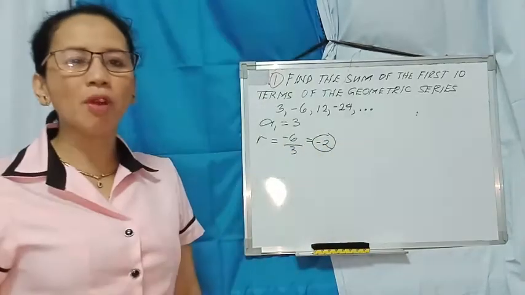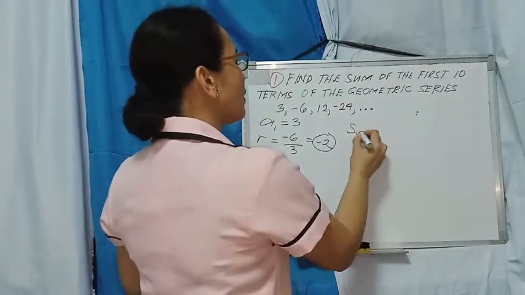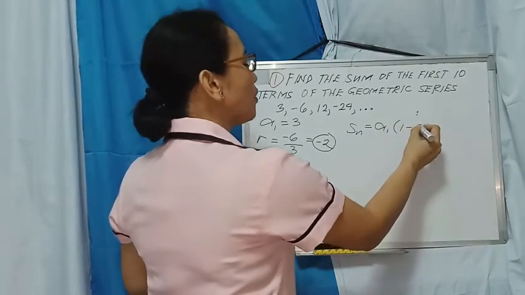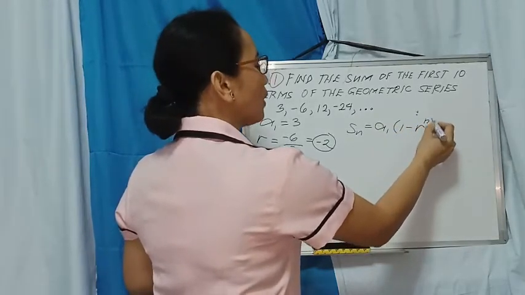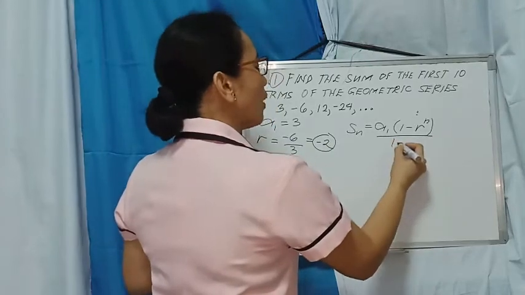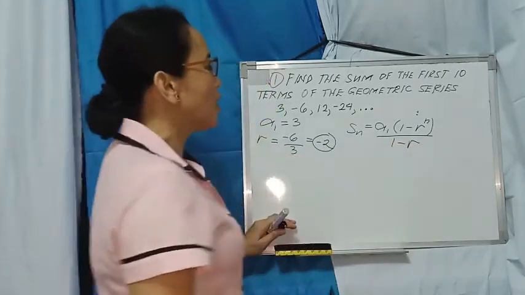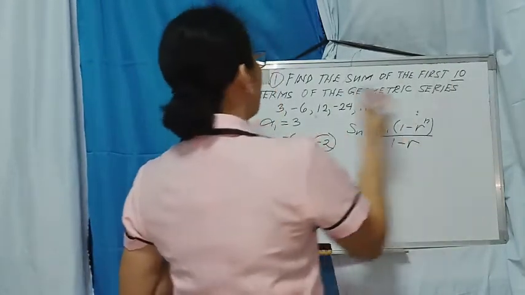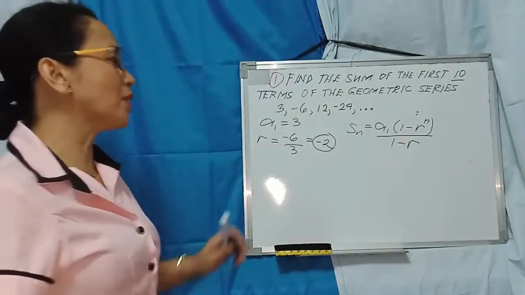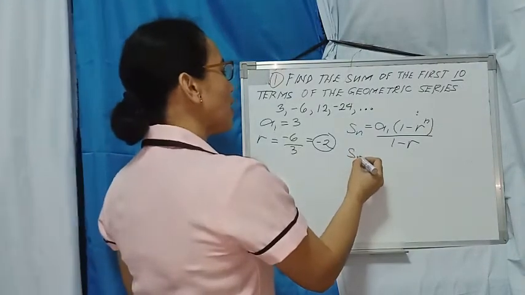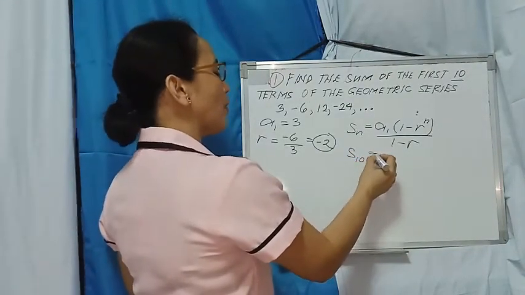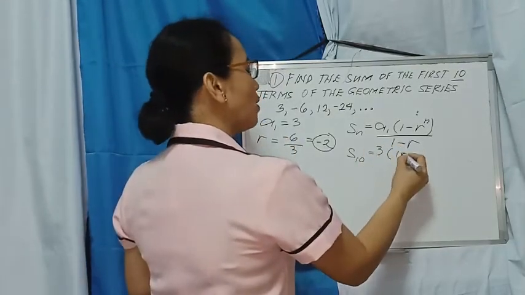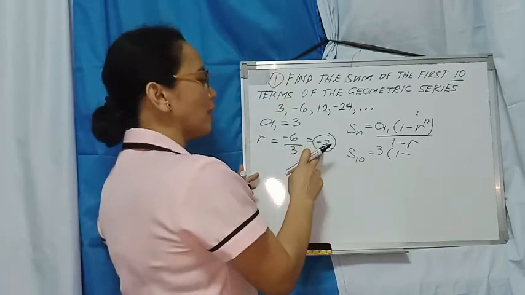So by using the formula, S sub n is equivalent to a sub 1 quantity 1 minus r to the n, all over 1 minus r. Since we are asked to find the first 10 terms of the geometric series, we have S sub 10 is equivalent to a sub 1, which is 3, then 1 minus r, where r is -2.